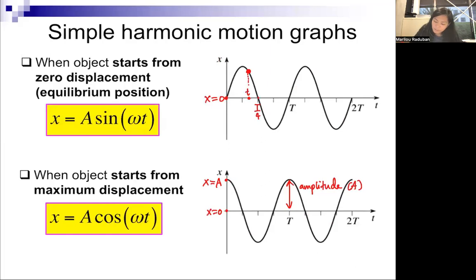So at this particular time t, the object is at this point in its oscillation. If you project that to the y-axis, that will give you the displacement of the object. And if you wanted to know what is the displacement of the object at this particular time t, then you have to use this equation, plug in the amplitude, and then you can find the angular frequency from the period, and then multiply that angular frequency with the particular time t.